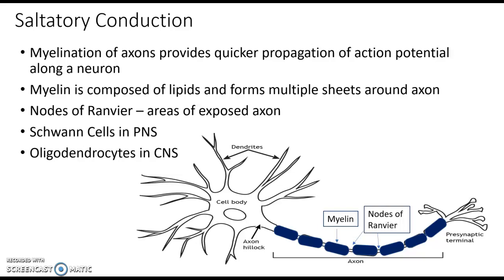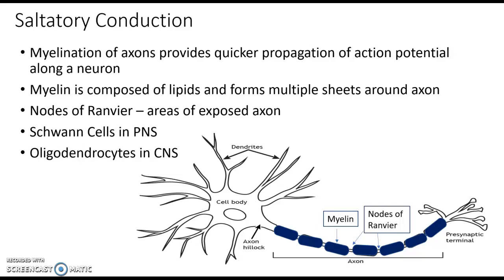Those nodes of Ranvier are what allow for saltatory conduction. As an action potential is traveling along an axon, you get that action potential to basically hop over those Schwann cells, or over those myelin-wrapped sections of the axon, which is going to speed up your action potential along that axon by orders of magnitude.